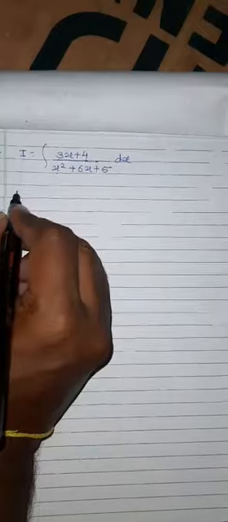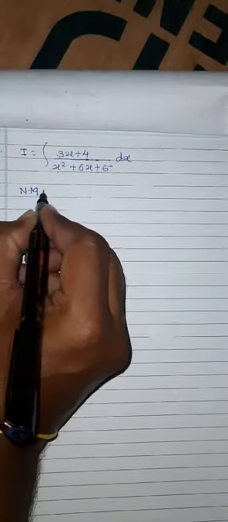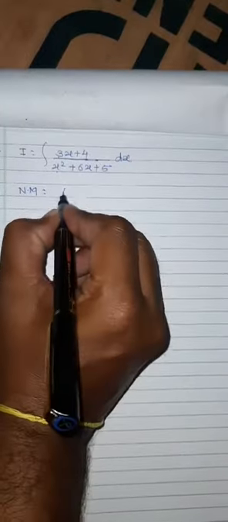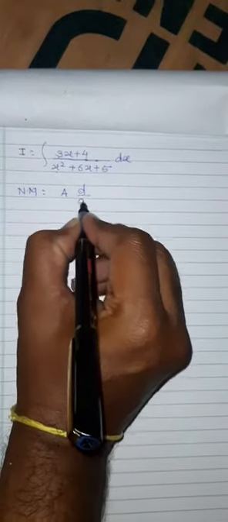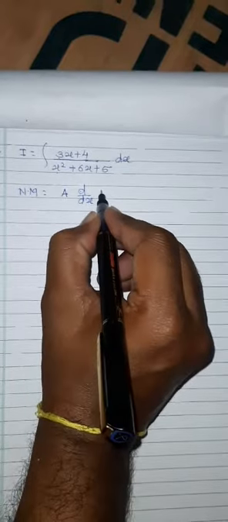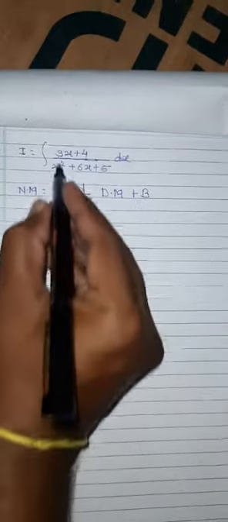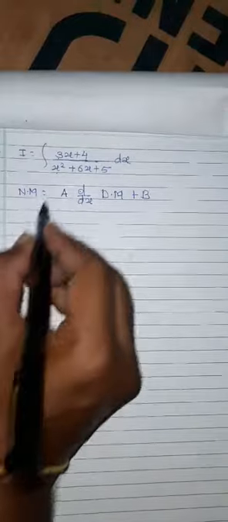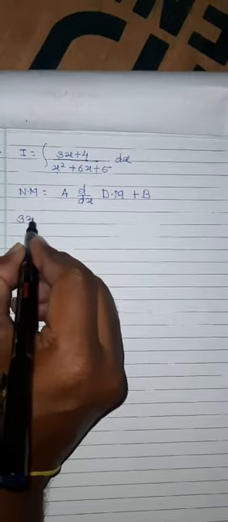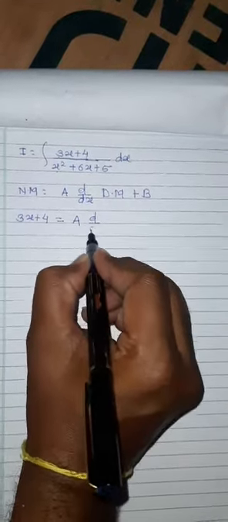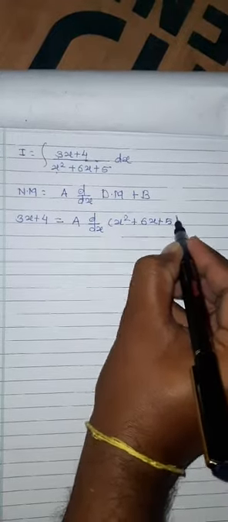The first step: the numerator is equal to the arbitrary constant A times d/dx of the denominator plus B. Putting this in, we have 3x + 4 equals A times d/dx of (x² + 6x + 5) plus B, where B is an arbitrary constant.